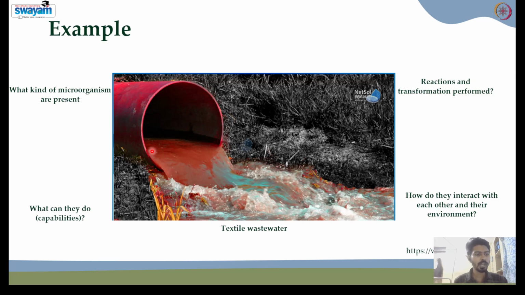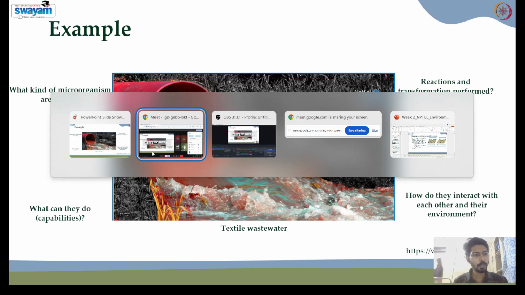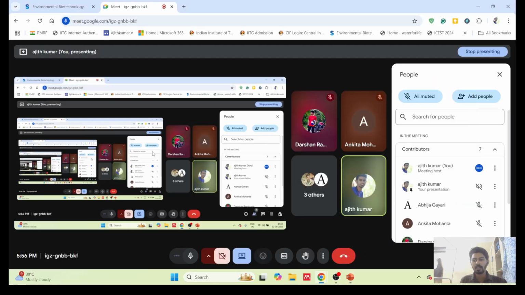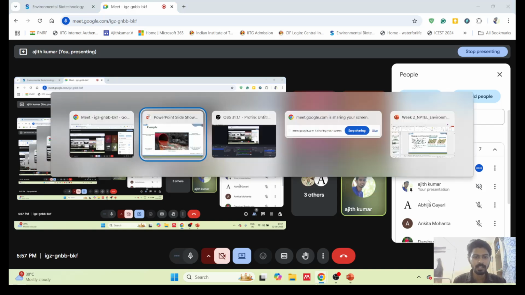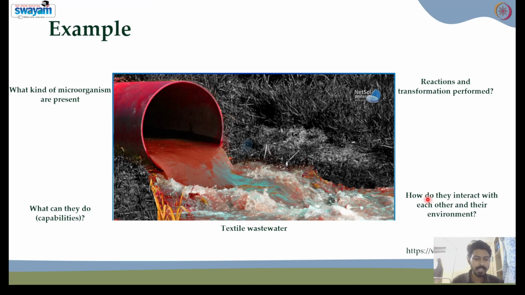So first question is, what kind of microorganisms are present? If you take an environment which is contaminated with textile wastewater, the first question is we have to find what are all the microorganisms that are present.